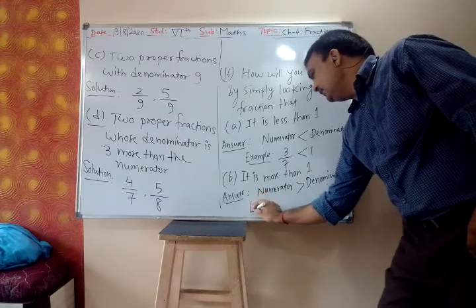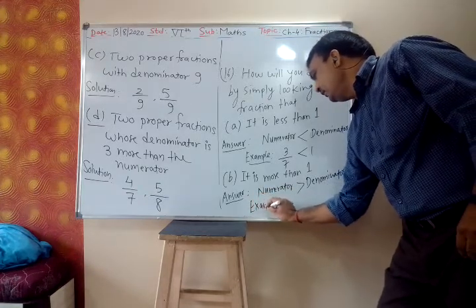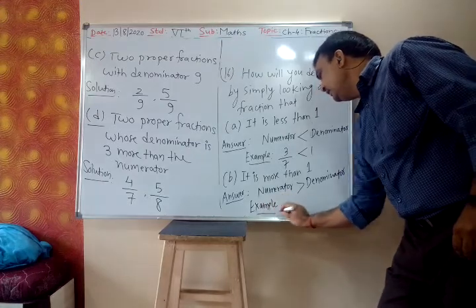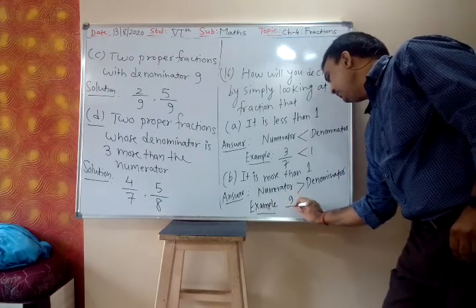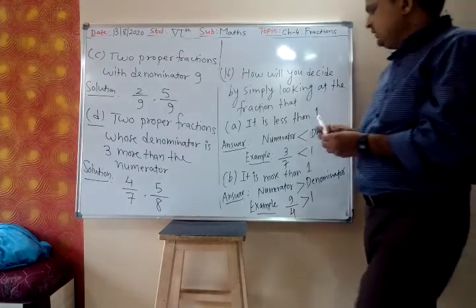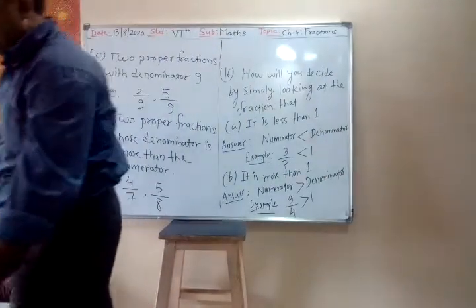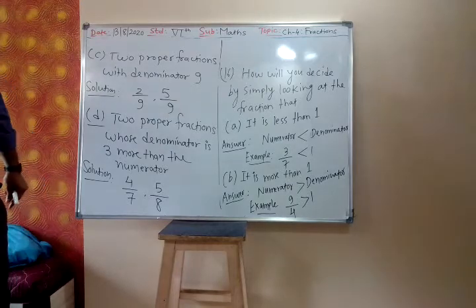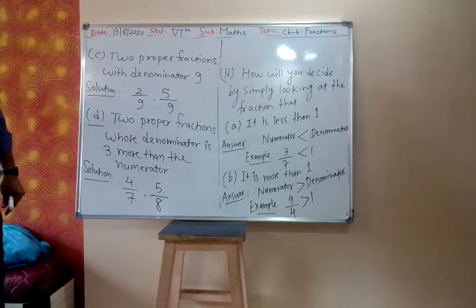We can take the example 9 by 4, improper fraction, which is greater than 1, because numerator is greater than denominator.